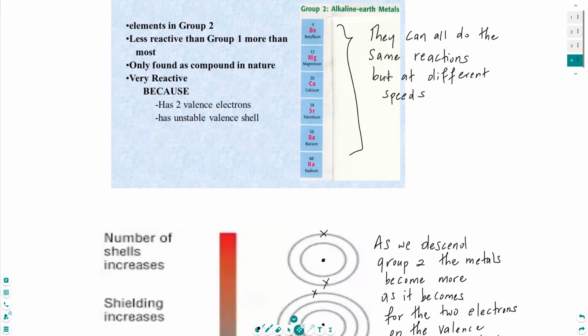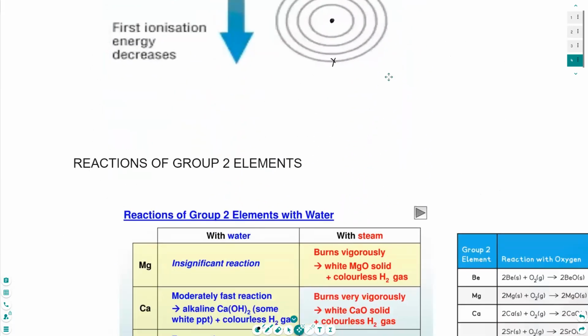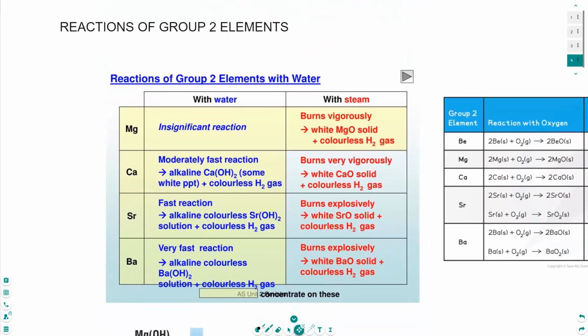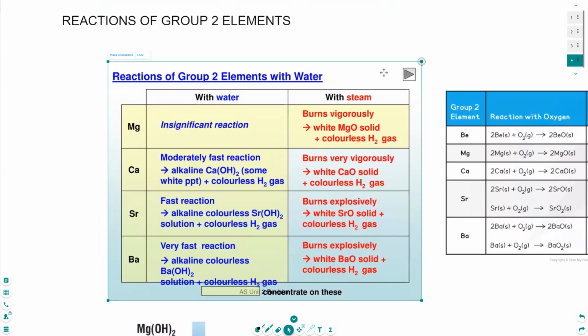So that's what we are going to be observing now as we look at the reactions of our group 2 elements. Our group 2 elements are able to react with water. Magnesium, being the first one, which would be the least reactive in group 2, doesn't really react with cold water.